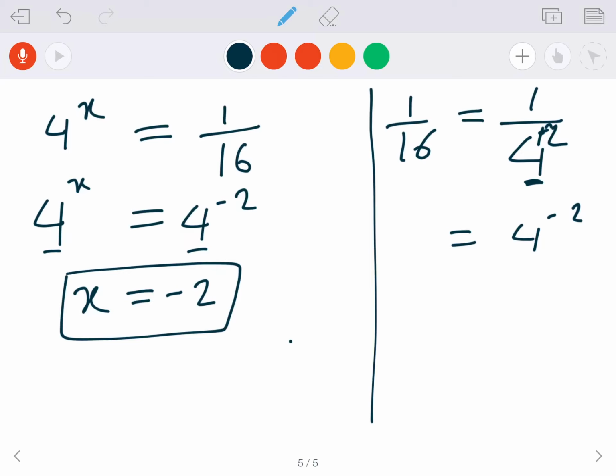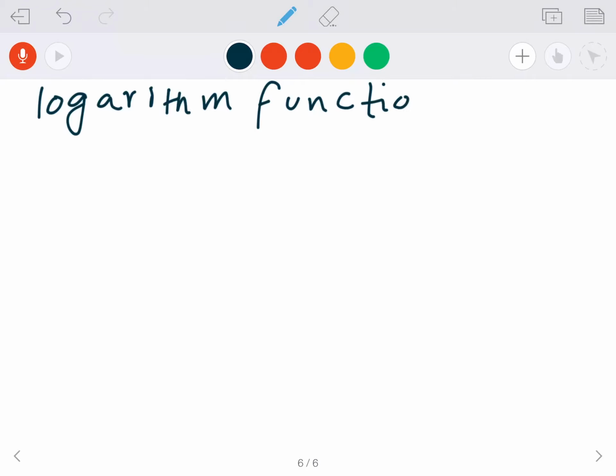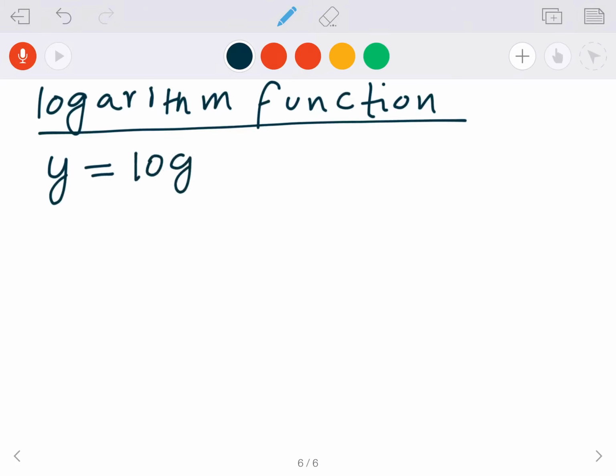Okay. Now let's go to the thing called logarithmic function. All right, so logarithmic function, we always write logarithmic function like this.